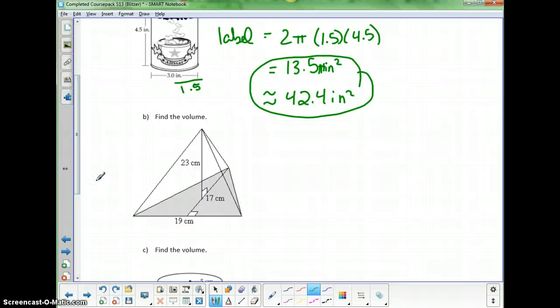Alright, let's find the volume of this shape right here. This is a pyramid, but it's not the same pyramid we saw before. This pyramid has a triangular base instead of a rectangular one. So its volume is going to be 1/3 times the area of its base times the height.